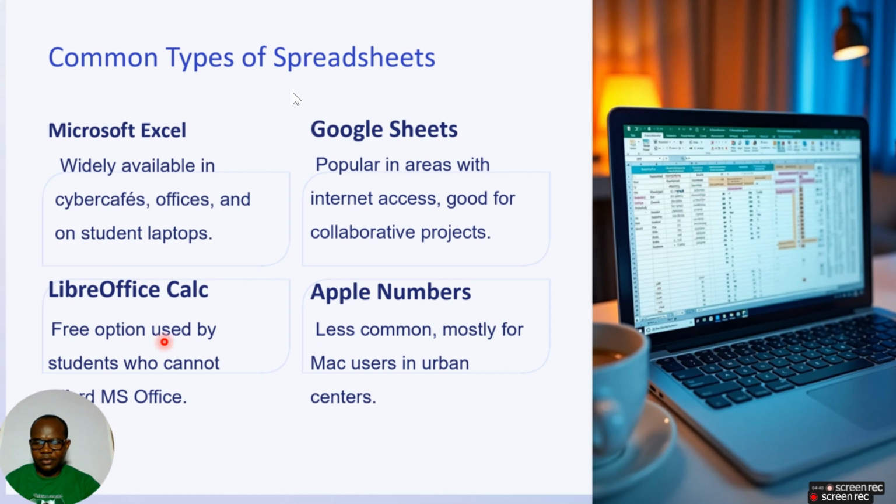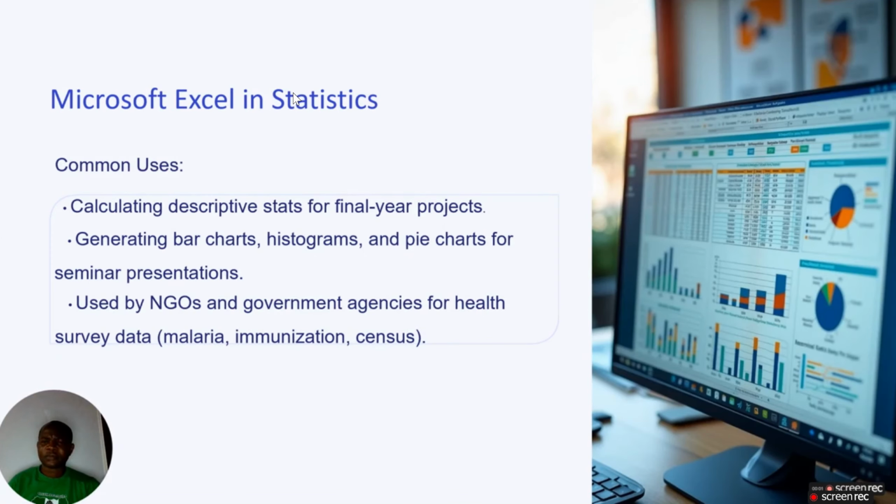While LibreOffice offers an alternative in a situation whereby a student cannot afford Microsoft Excel. It is free for those that can't actually afford Microsoft Office. While Apple Numbers is less common except for people using the Mac computer system.